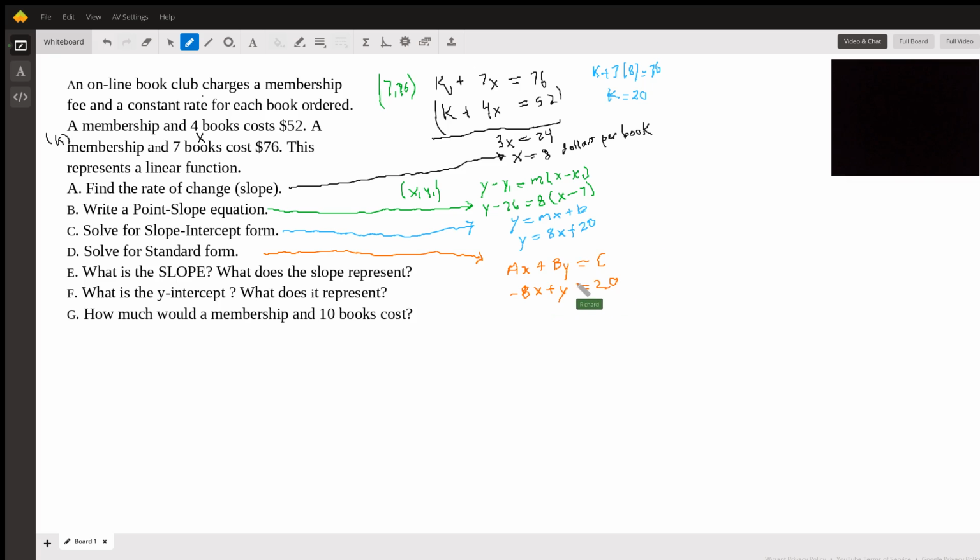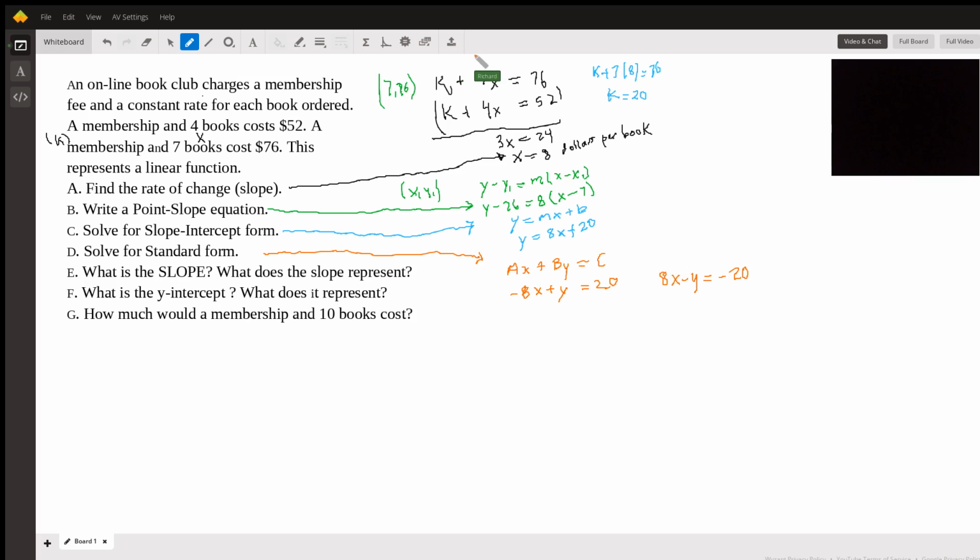I don't think the leading coefficient is allowed to be negative here, so we can just switch that by multiplying everything by negative 1. So it's going to be 8x minus y equals negative 20. I believe that's a rule for standard form. I'd have to double check that, but I believe it's true. So that's our standard form.